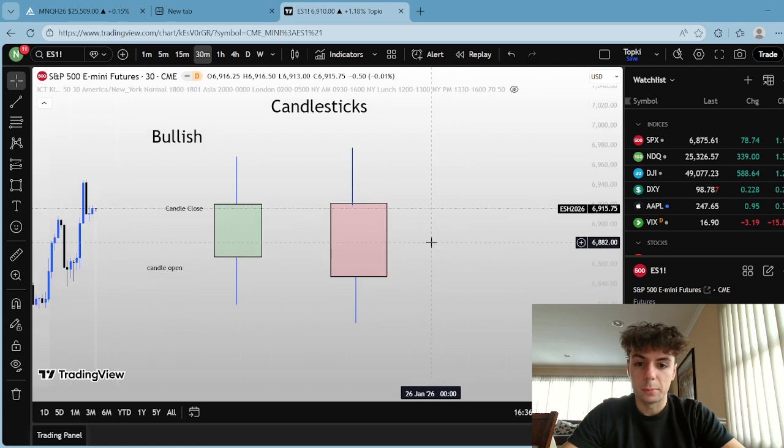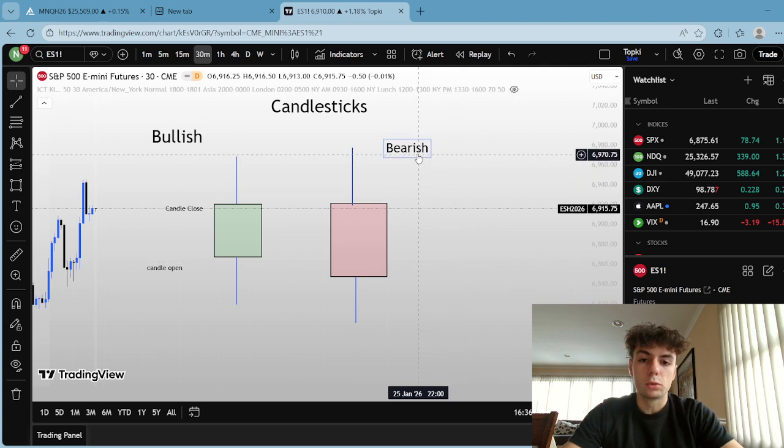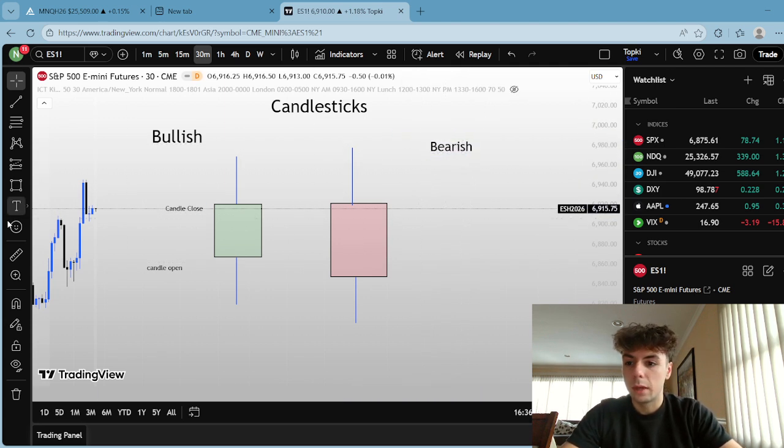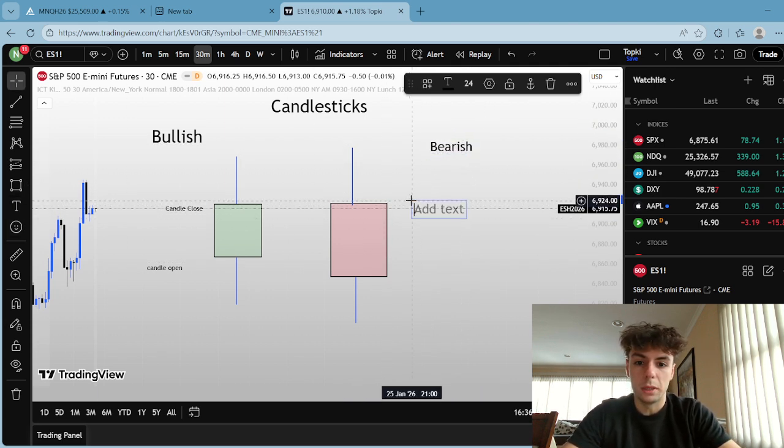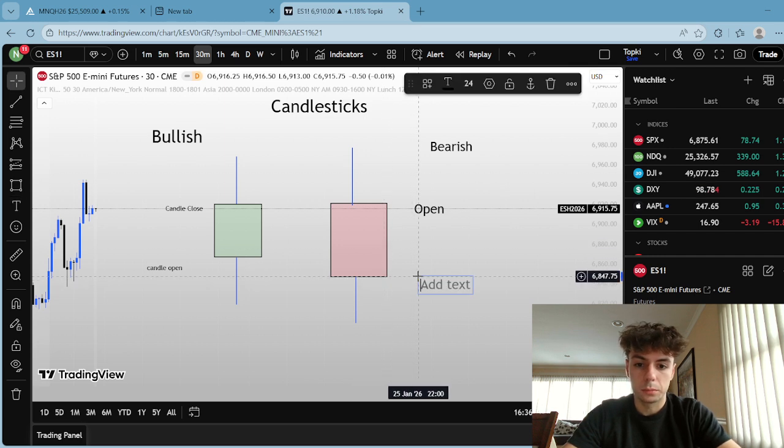So the next example is a bearish candle. This one is pretty much the opposite. So every bearish candle means that it opened at the top and it closed at the bottom.